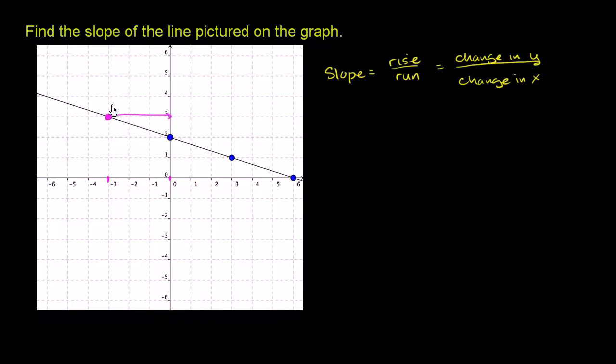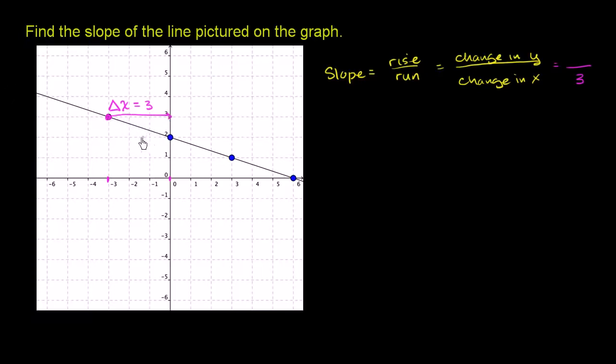So our change in x, and this triangle, that's delta, that means change in, our change in x is equal to 3. So what was our change in y when our change in x is equal to 3? Well, when we moved from this point to this point, our x value changed by 3.